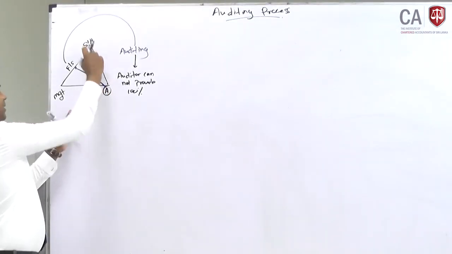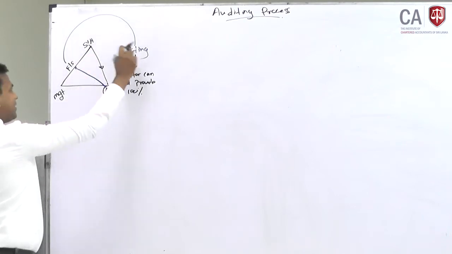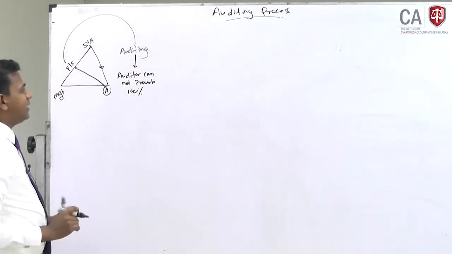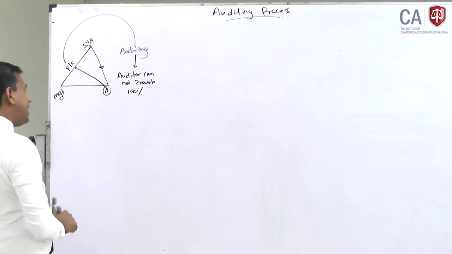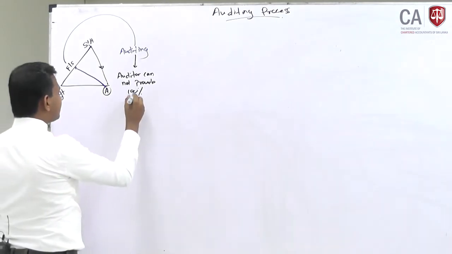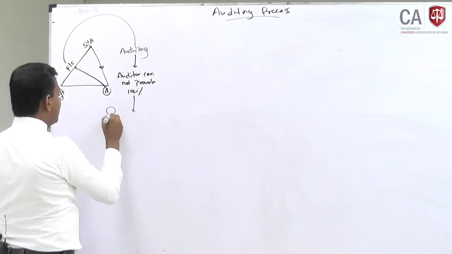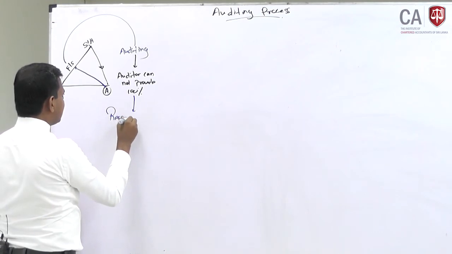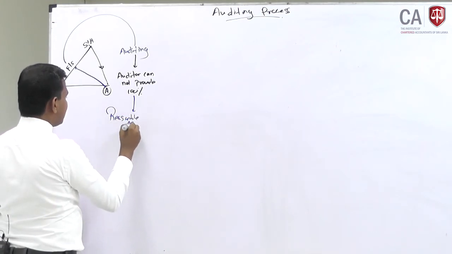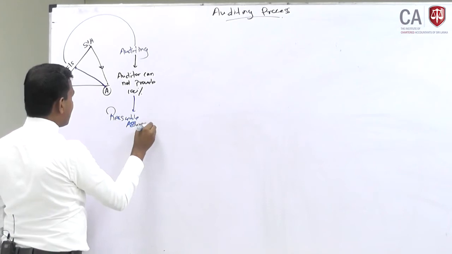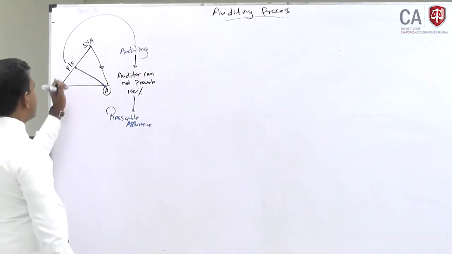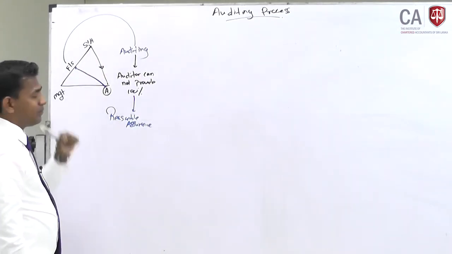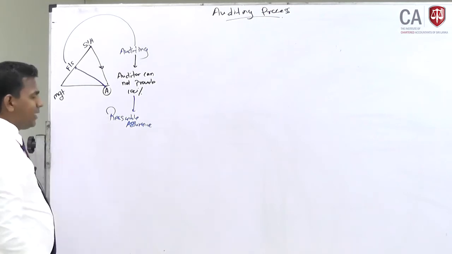So the auditor is appointed by the shareholder, comes and checks the finance statement, but you cannot check 100%. So for that we call it reasonable assurance. Right? Auditor comes and checks the finance statement, 100% cannot be provided, it's called reasonable assurance.